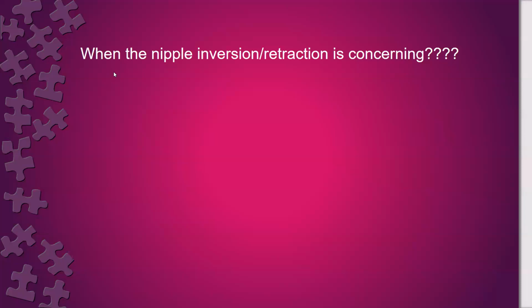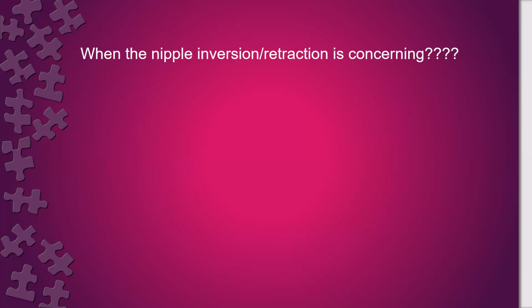When is nipple inversion or retraction concerning? If it is associated with clinical manifestations, such as thickening of the skin, like orange peel. If it is unilateral and associated with skin thickening or abnormal density.